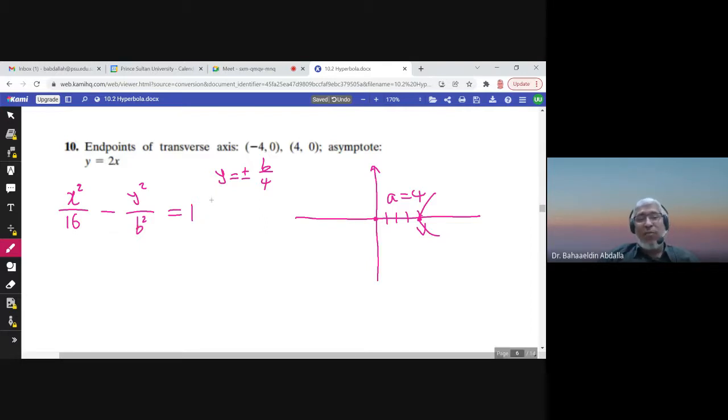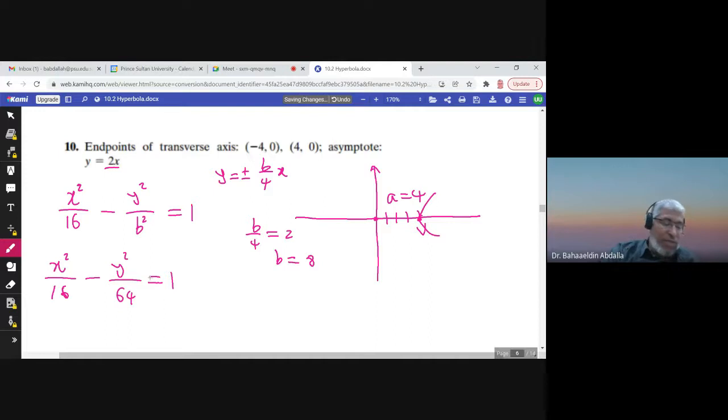So b over 4 equals 2 because we have one of the asymptotes, so this is the slope. This means that b is 8, by cross multiplication. So the equation is x squared over 16 minus y squared over 8 squared, that's 64, equals 1.